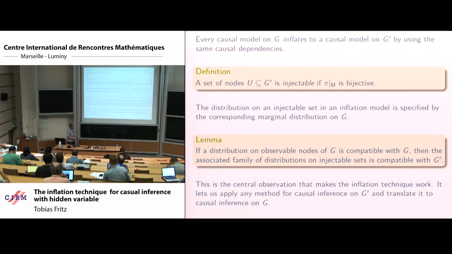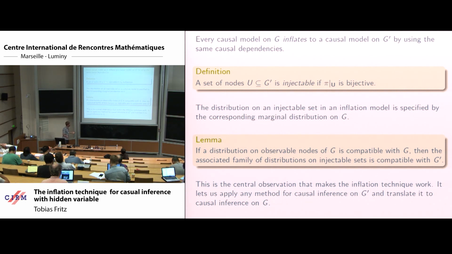If you have a distribution on the observable nodes of G that is compatible with that causal structure, so for which a realization exists, then if you take this inflated causal model and look at its marginals on injectable sets, this family of marginals is compatible with G prime, in the sense that it admits a joint distribution that is compatible with G prime.